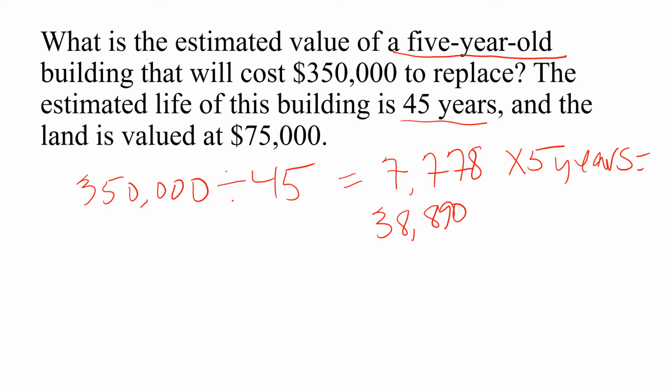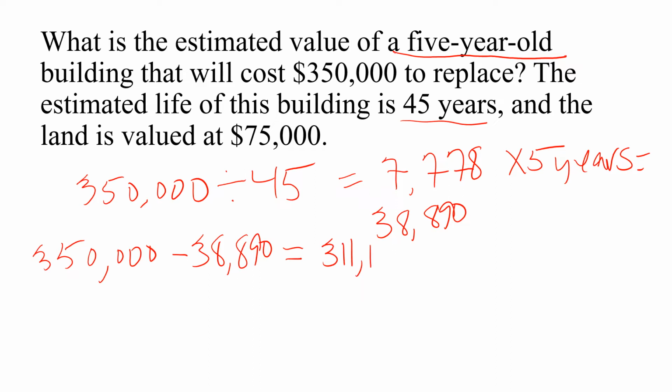So if I take my 350, now I subtract my 38,890, and I get 311,110.